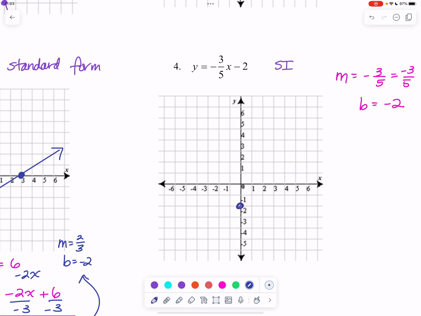So we can go to -2, and walk down 3, 1, 2, 3, and to the right 5. 1, 2, 3, 4, 5. And there we just have this line with a negative slope.